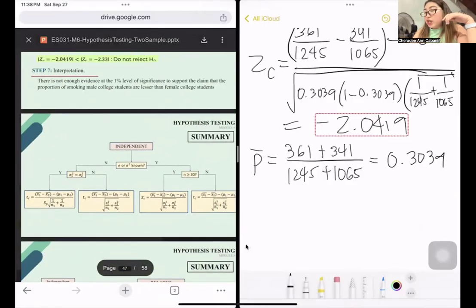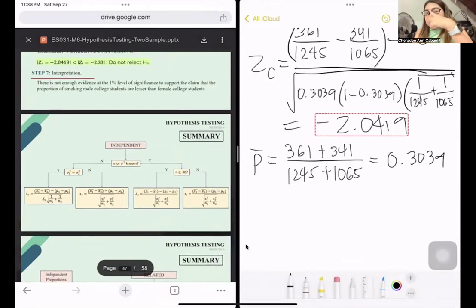So here is the summary. If sigma is known or unknown, we ask whether the variances are equal. If yes, we use pooled variance. If no, we use separate variance. If sigma is known, we ask if n is greater than 30. If yes, we use z. If t, we go to the separate variance t-test again.